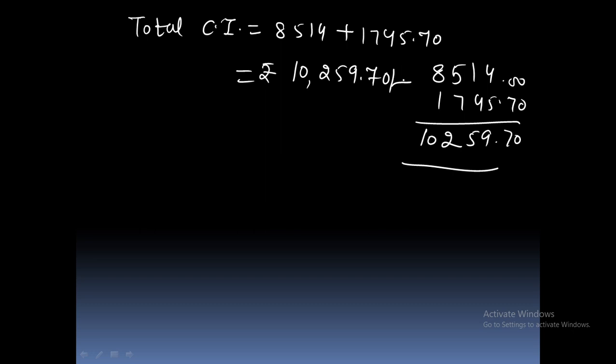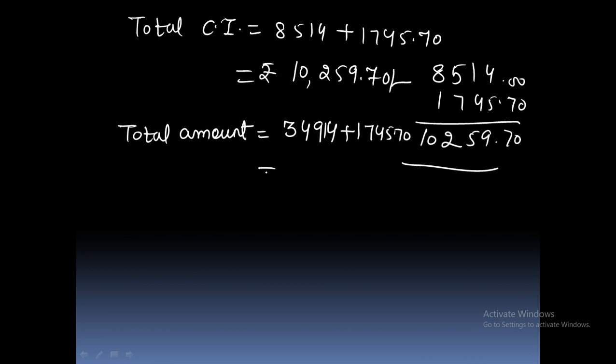Thus you can calculate compound interest. And in the question we have to calculate the total amount which is to be paid by Kamla. That will be calculated as total amount is equal to 34,914 plus 1,745.70.